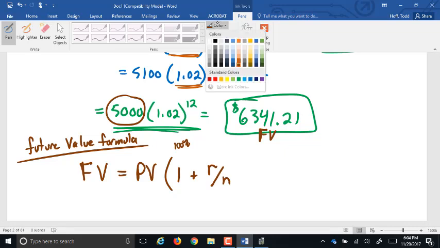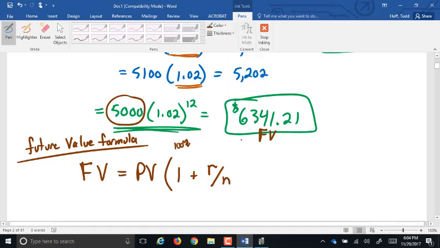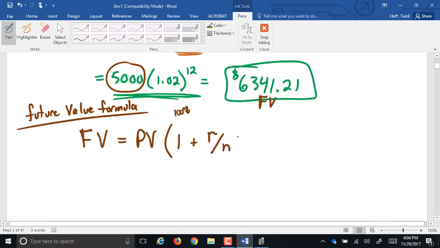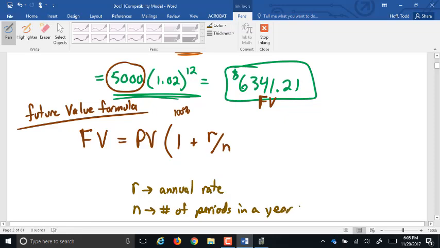So R, I'm going to make a little list down here. R is your annual rate, which is your stated rate. They always give the annual rate. So it's whatever your stated rate is. N is the number of periods in a year. So compounded quarterly, it is 4, because there's 4 periods in a year.